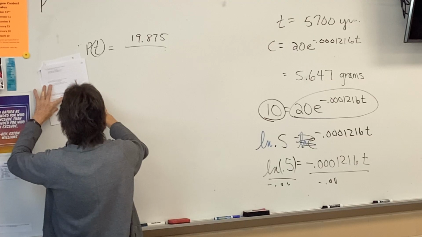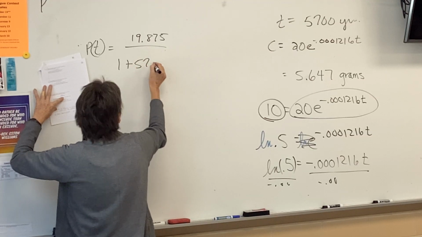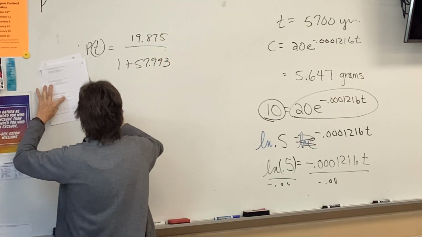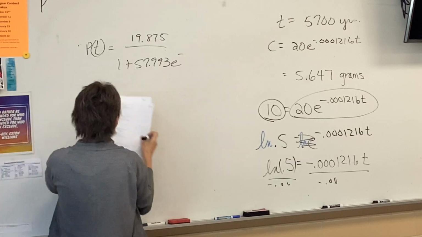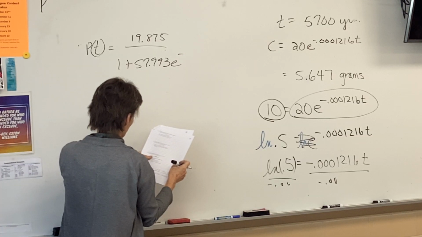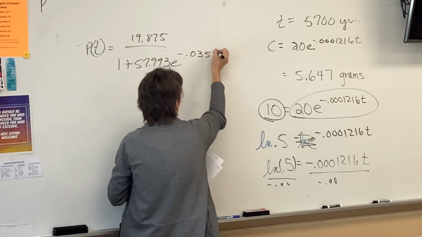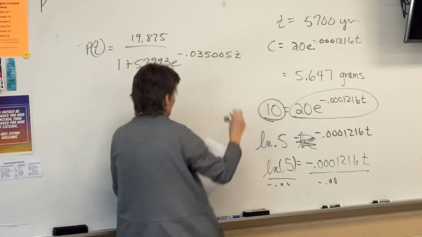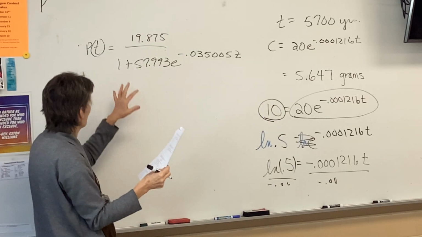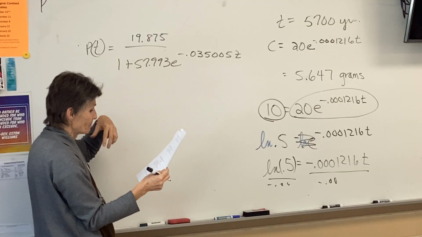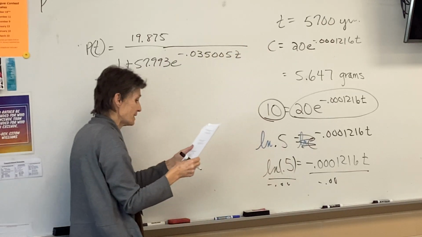So P equals 19.875 over 1 plus 57.993 e to the negative 0.035005 T. P is the population in millions, and T is the number of years since 1800.